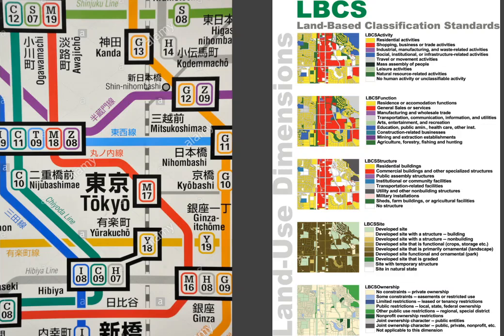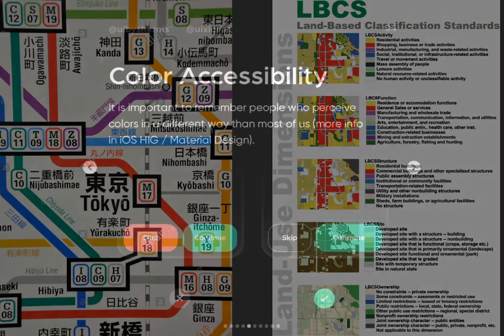Like here in subway maps, red is the Marunouchi line and orange is the Ginza line. Or the designer decided the colors. Or here, this part, yellow is residential activities, and red marketplaces are for shopping and business or trade activity, something like that. You decide the color if you're using many colors.